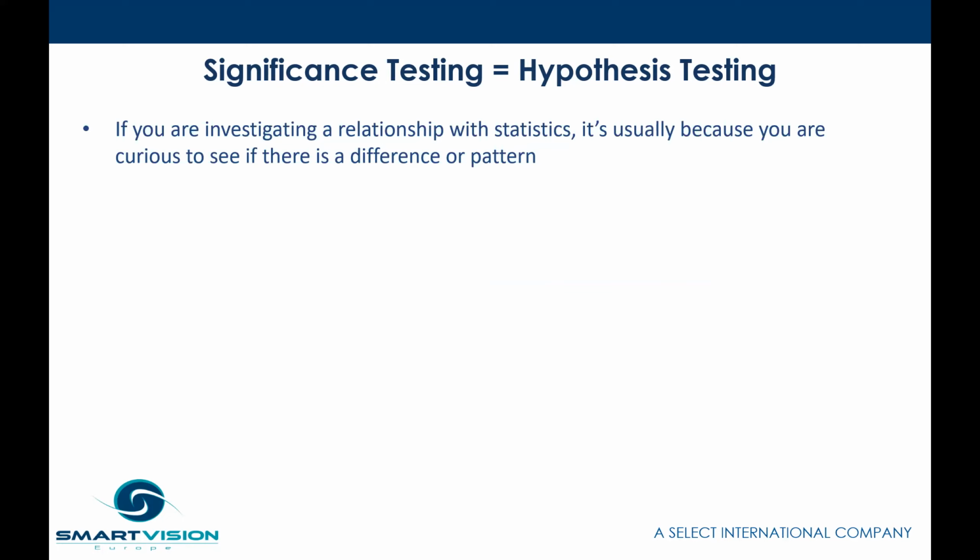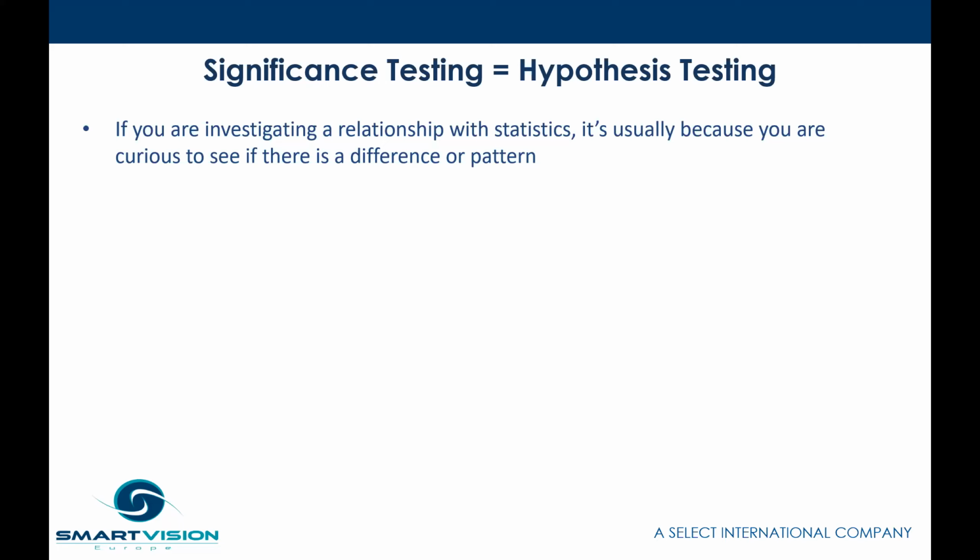That means that whenever you're doing a significance test, you're supposed to be testing a hypothesis, and there's usually an implied hypothesis associated with the significance test. So in this case, the implied hypothesis is that maybe the mean ages for men and women in this population are in fact the same, and we're trying to figure out how likely that is.